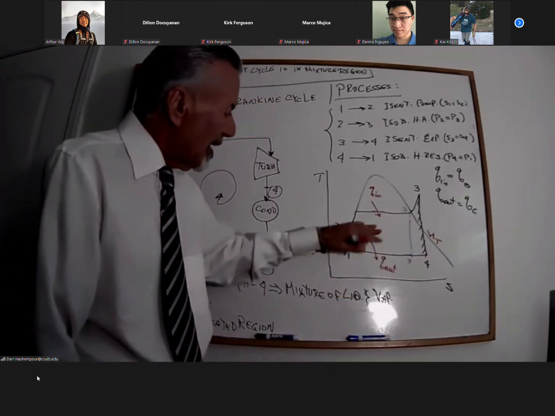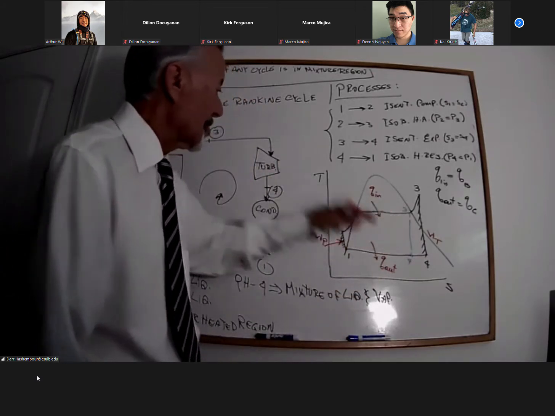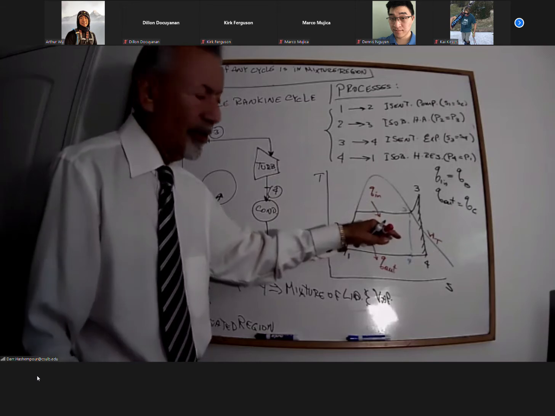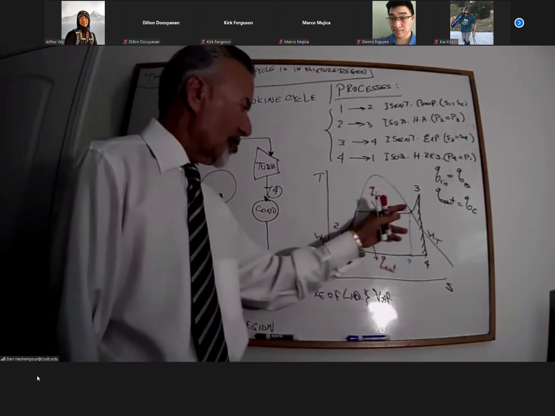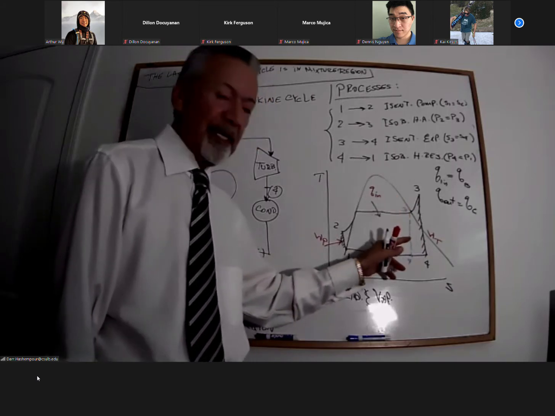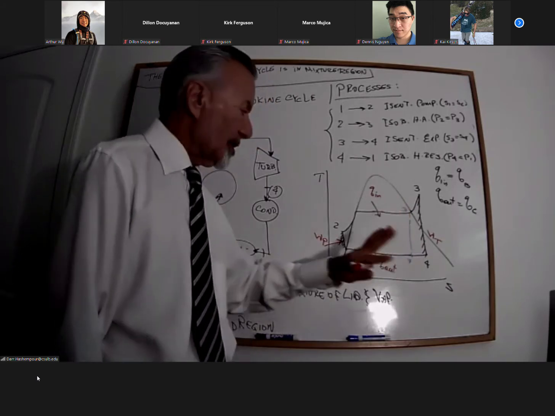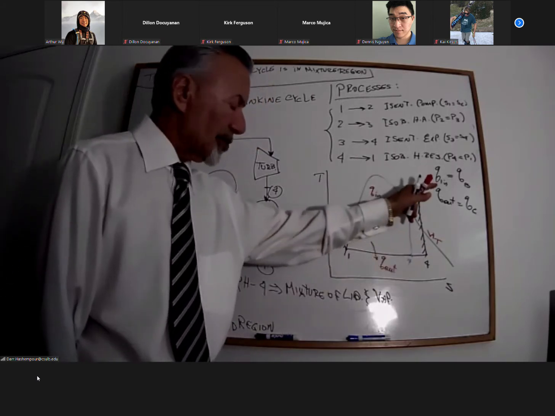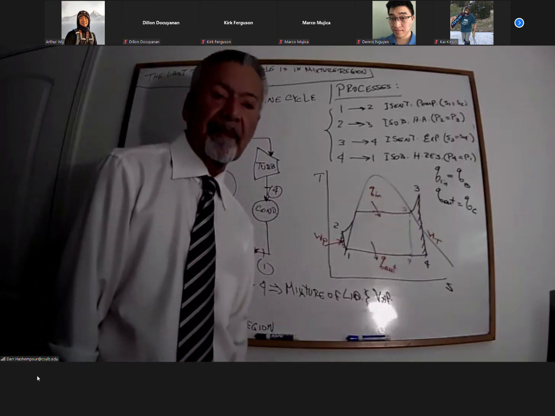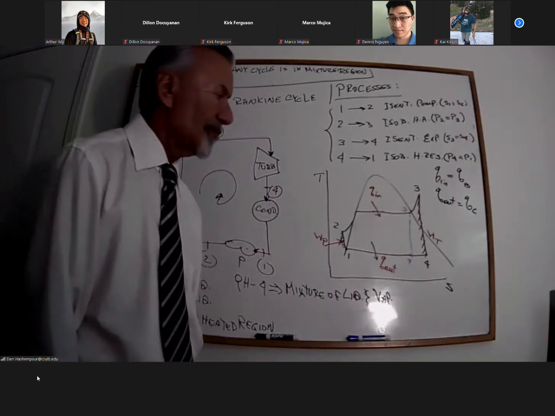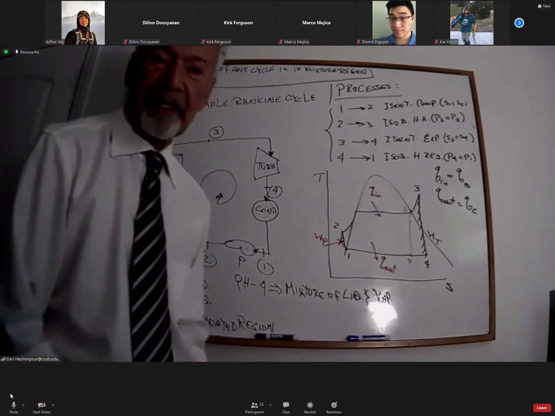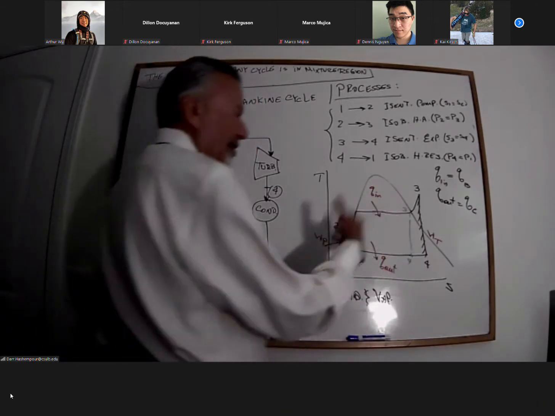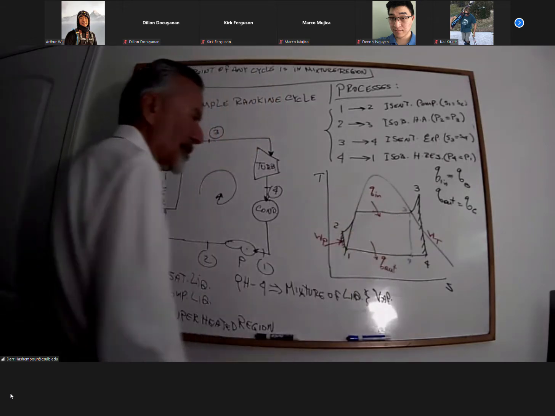Basically, we're never ever going to use the ideal Rankine cycle. You can call it theoretical because it's not to our advantage to use this. All our steam power plants work in the superheated region. That's why we call it ideal. Ideally or theoretically, this is how it works.